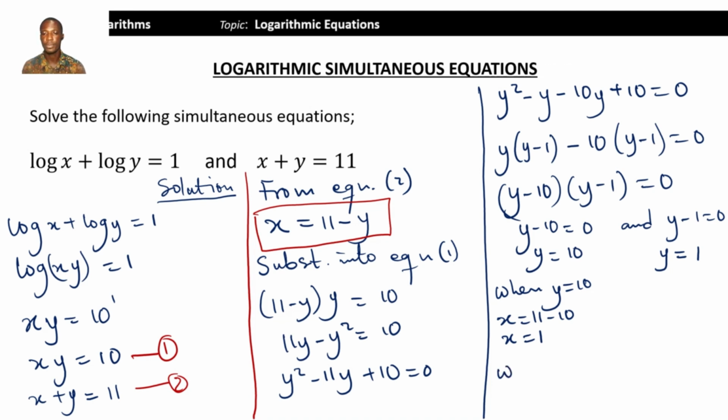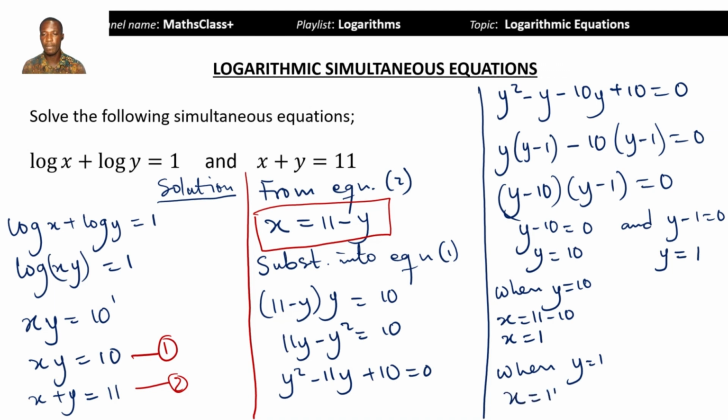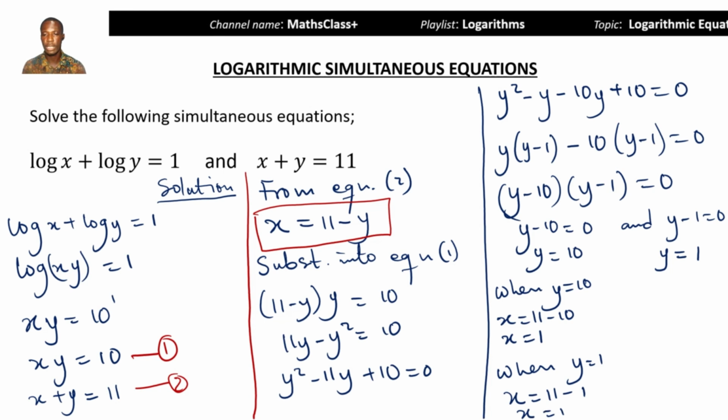And when y is equal to 1, that means that x will be equal to 11 minus 1, which will give me x is equal to 10.